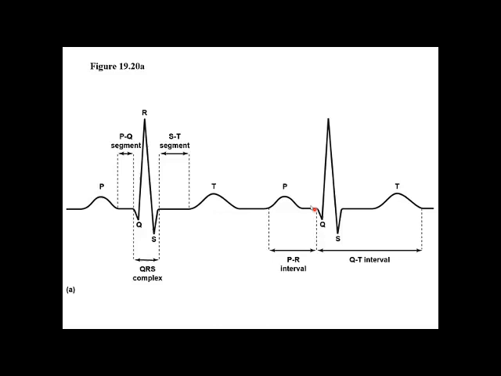PQ segment, the delay, that atrioventricular node delay. QRS complex is the start of ventricular depolarization. ST segment is going to be the second half of the ventricular cells' action potential, that plateau phase. And the T wave right here is the ventricular repolarization.